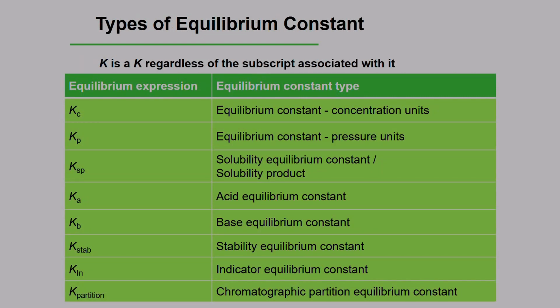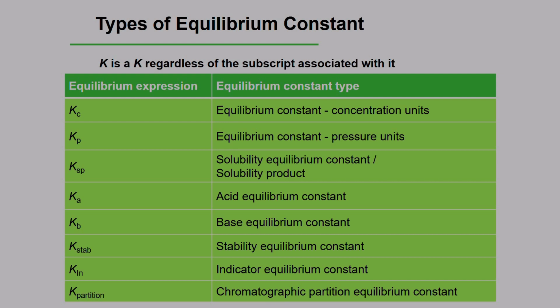Now, there are all different types of Ks, but all of these Ks are derived exactly the same way. It's always going to be the concentration of our products raised to their stoichiometric powers divided by the concentration of the reactants raised to their stoichiometric coefficients. So there are various types of ones.